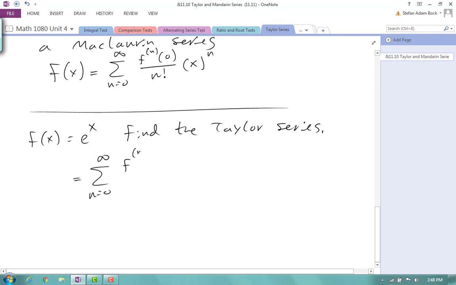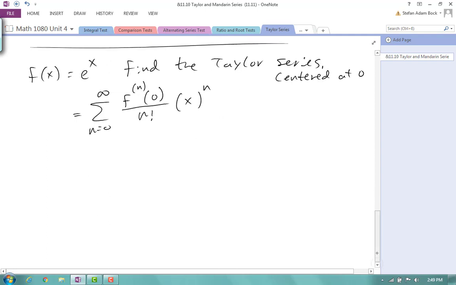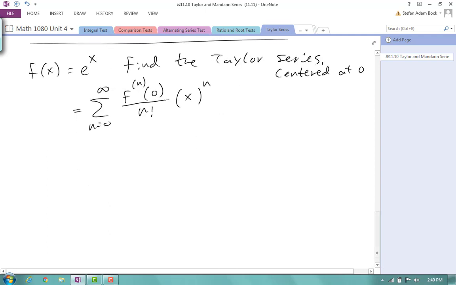I'm going to take a bunch of derivatives. I should center it somewhere, so I'll say I'm going to center it at 0, divided by n factorial multiplied by x to the n. So what I have to do for these problems is essentially find all the derivatives and evaluate them at the center of my series.